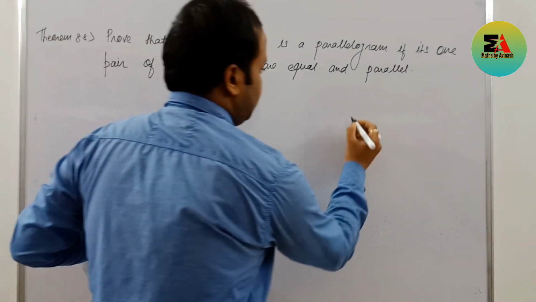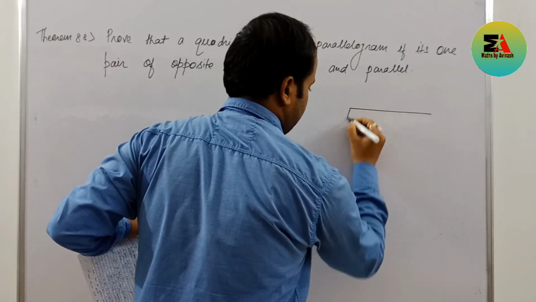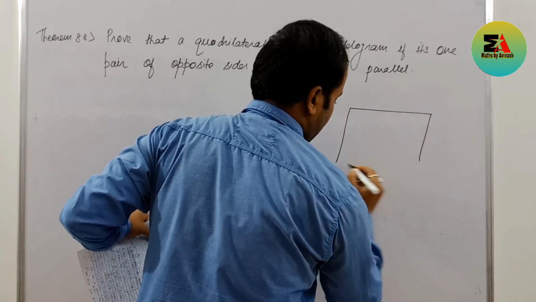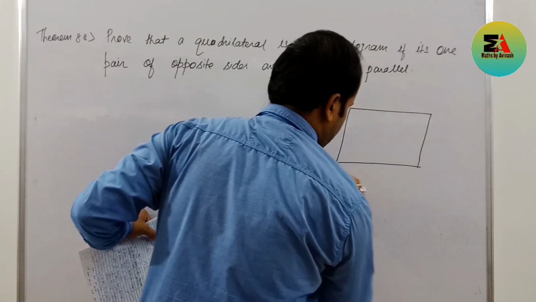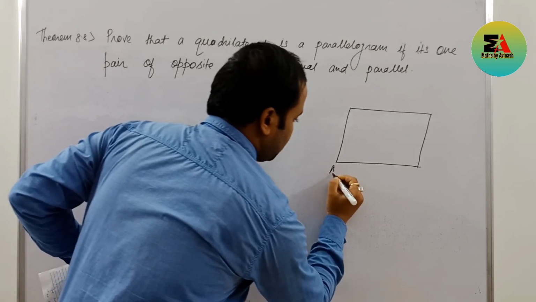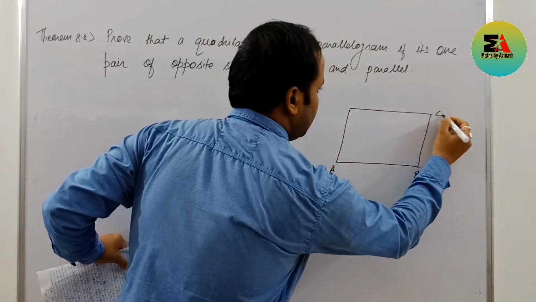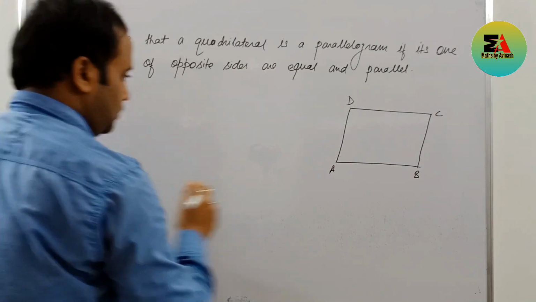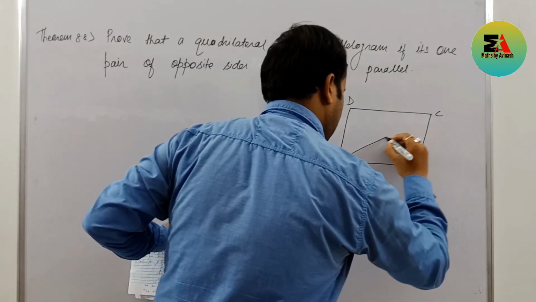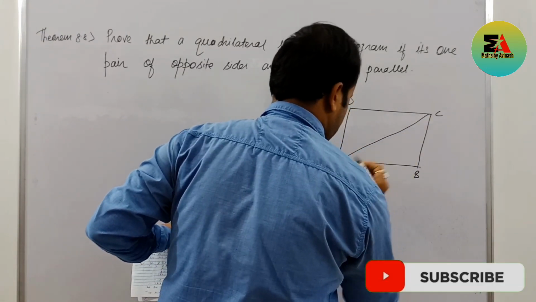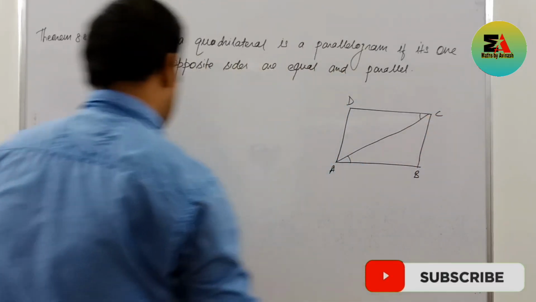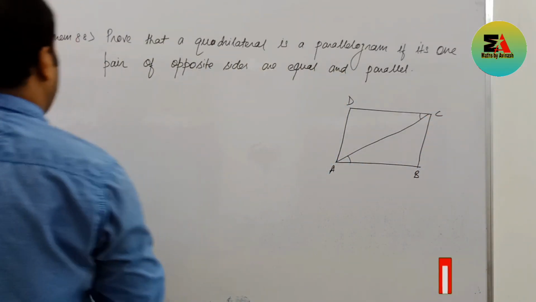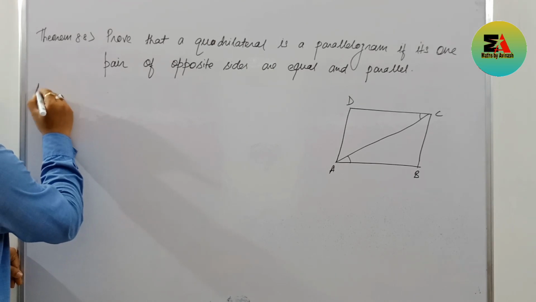This is a figure. We have a quadrilateral ABCD. First of all, you have to write the given part. What is given?